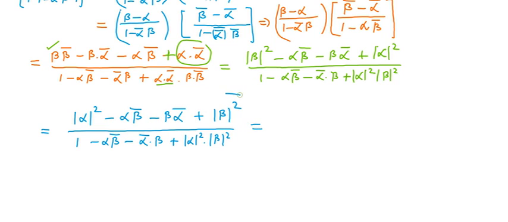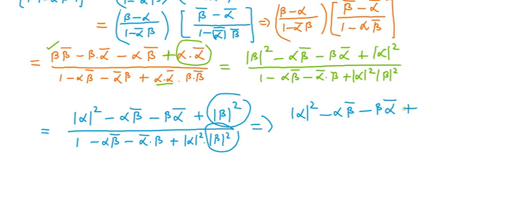Now it is given that mod beta square is equal to 1. So you will get here alpha square minus alpha into conjugate of beta minus beta conjugate of alpha plus 1, upon 1 minus alpha conjugate of beta minus beta into conjugate of alpha. There is no difference between alpha conjugate of alpha into beta or beta into conjugate of alpha.